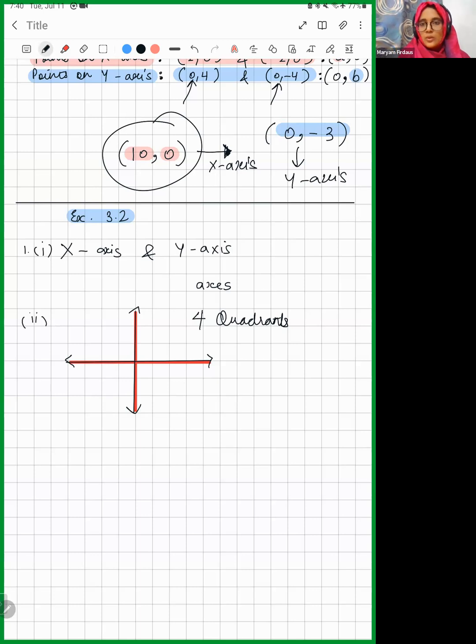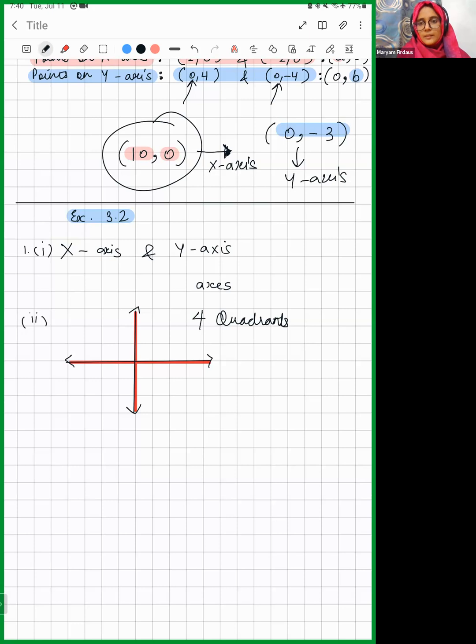Now let's do this figure 3.14. Can you see the figure? Are you able to see the figure in your textbook? Is it there? Page number 53.